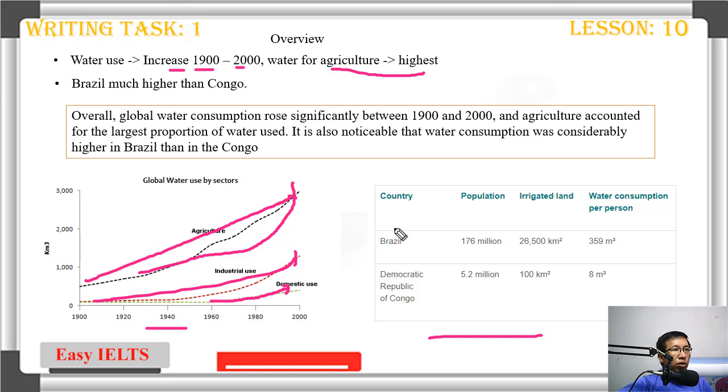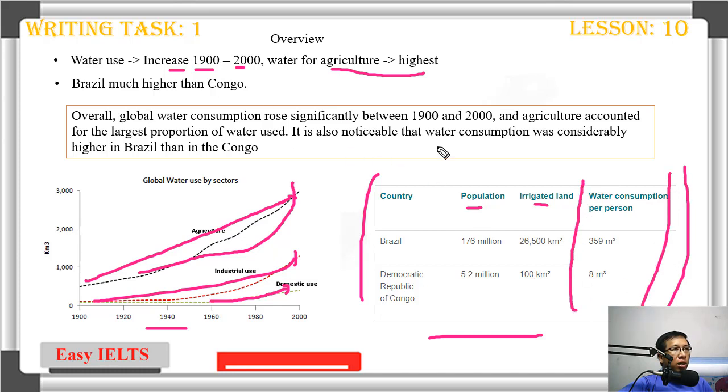So that is our sentence number 1. Sentence number 2, you look at the table here: Brazil, population, irrigated land, water consumption. Because this topic is talking about water consumption, we use this column right here. You can see the number for Brazil is much higher than Congo. Okay, so this is the overview.